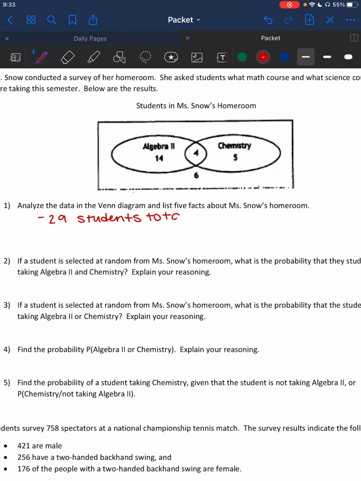We can also see that 14 plus 4 is 18, so 18 students are taking Algebra 2. If we add 4 plus 5, we know 9 students are in chemistry.